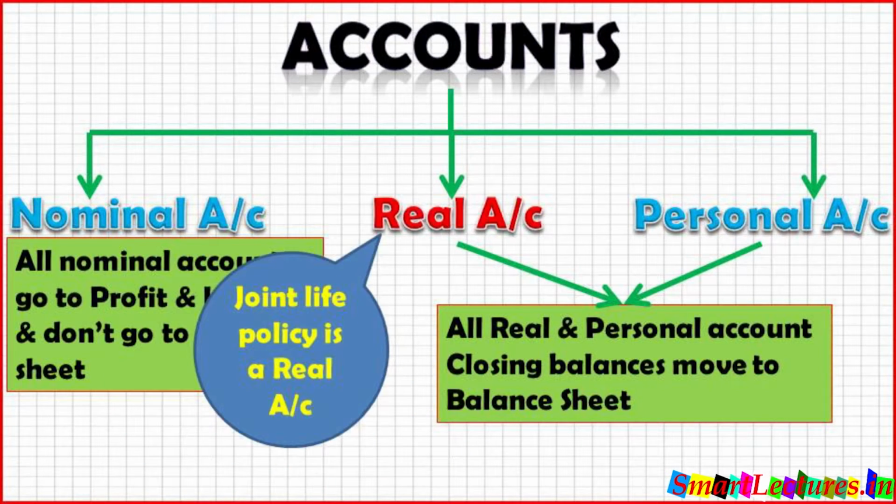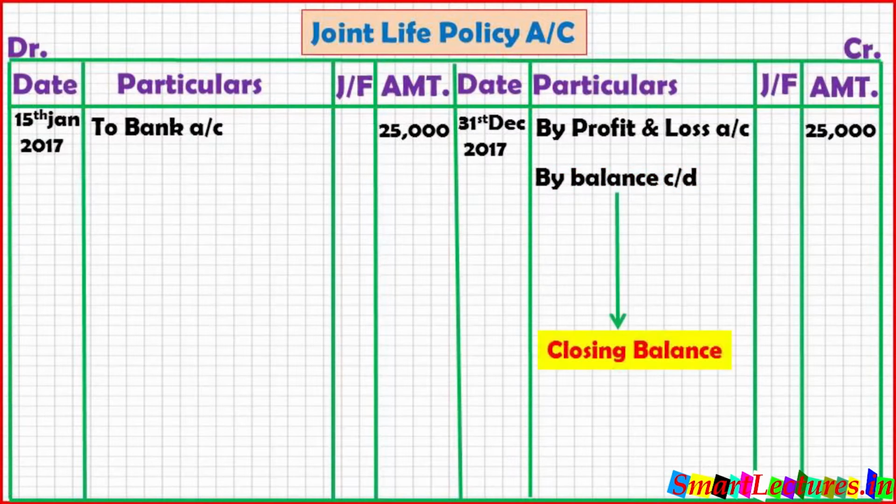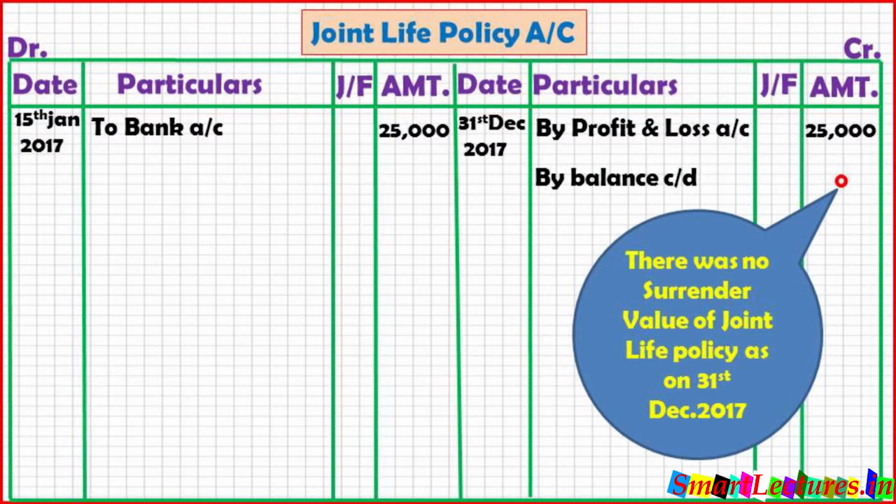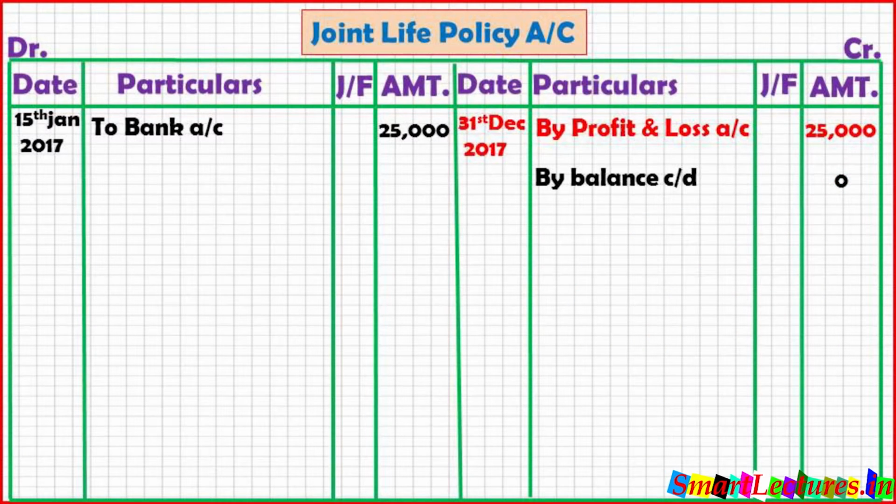Here the joint life policy account is a real account. This is an asset account. So the c/d, the closing balance, will be 0 because there was no surrender value of the joint life policy as on 31st December 2017. So by profit and loss account will be 25,000 rupees, and the total on both sides is 25,000 rupees.